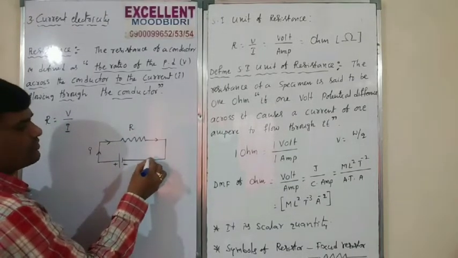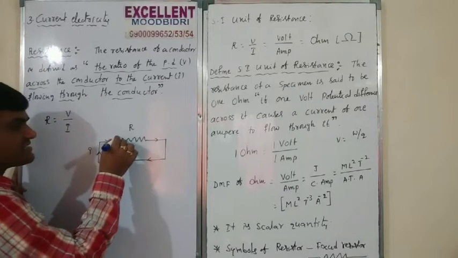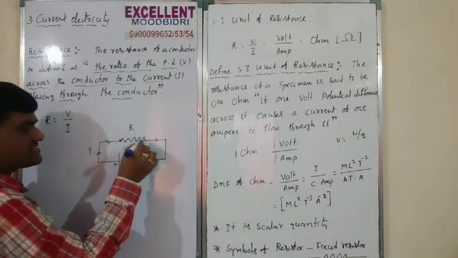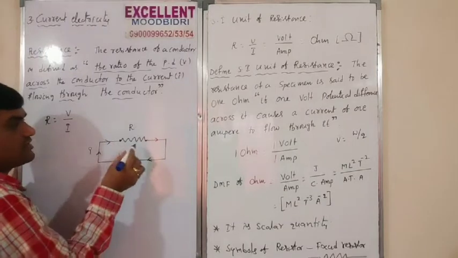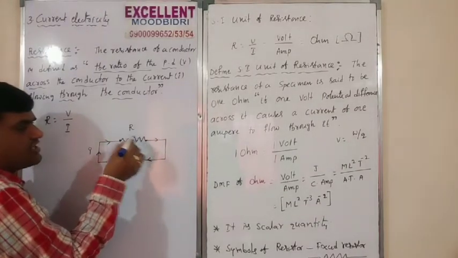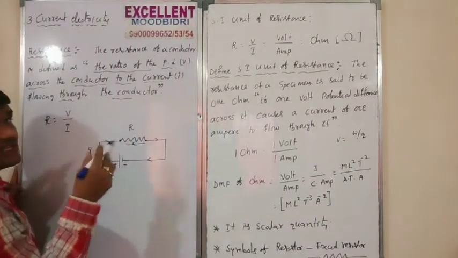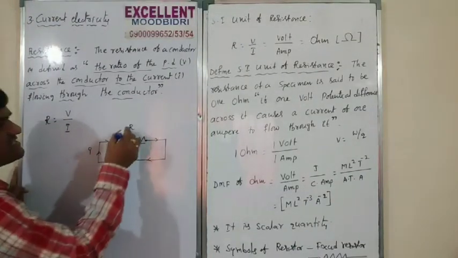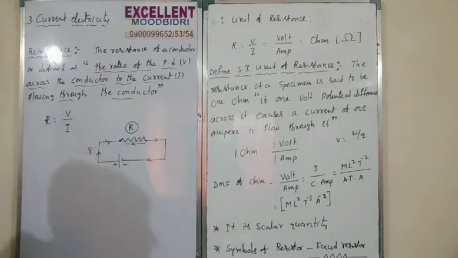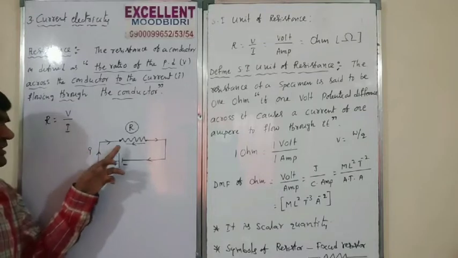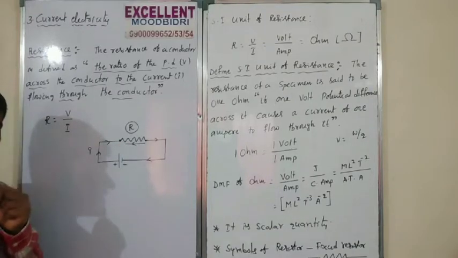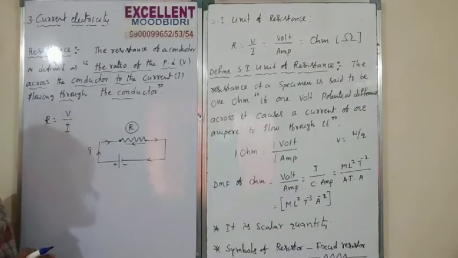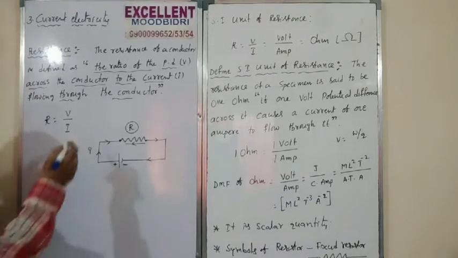The resistor has an opposing nature, and that opposing nature is known as resistance. The device that opposes the flow of current through a conductor is known as a resistor. That is the meaning of resistor.